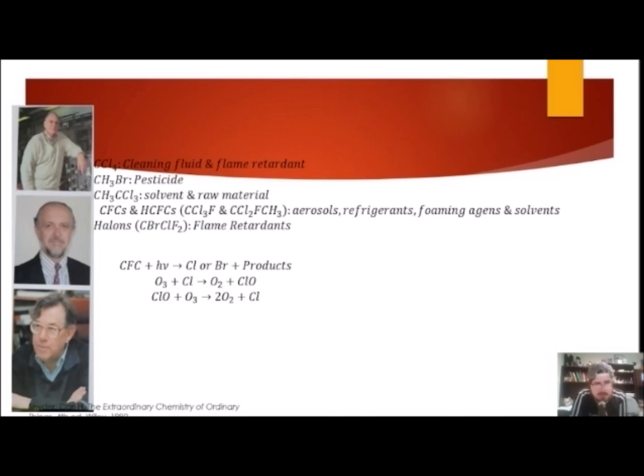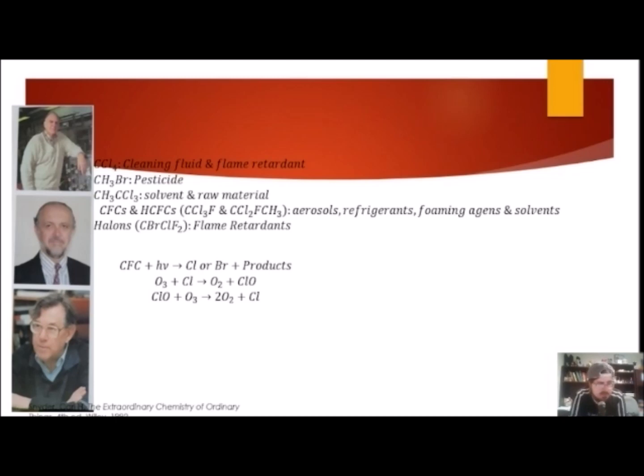Then chlorine monoxide bumps into another ozone, and we form two molecules of oxygen, and we reform our molecular chlorine or atomic chlorine again. And so it keeps going, and this can keep consuming the ozone. This ends up leading to a rapid depletion of our ozone. And when the ozone goes away faster than it can be reformed, this is kind of a problem.